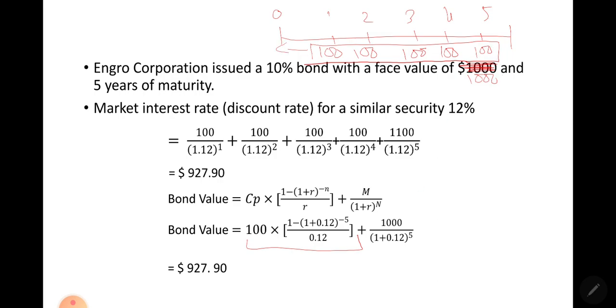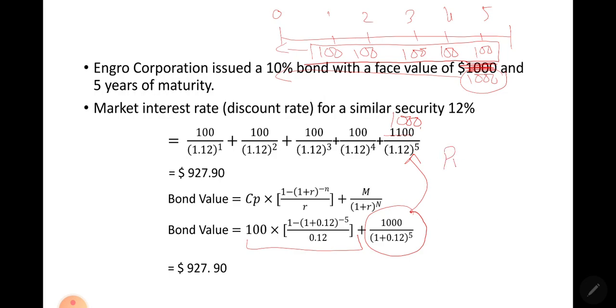So now you are just left with this 1000 cash flow. You need to bring this back 5 years as well. In order to do that, you will just discount this back using the single cash flow formula. So you're actually doing this step but with 1000 only now.